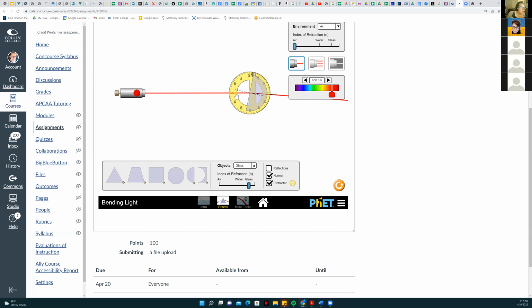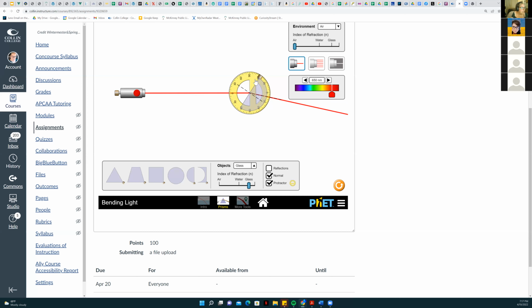So the angle between the beam and the normal, which is the dotted line, that's always the angle of incidence. So you just make it bigger and bigger. You can go all the way up to 90. Well, if you actually go to 90, it starts moving around, but it should not do that until you actually get to 90. It's possible that you're not reading the angle right and you think your 90 is 60. And so when it starts glitching, that's what you're talking about.